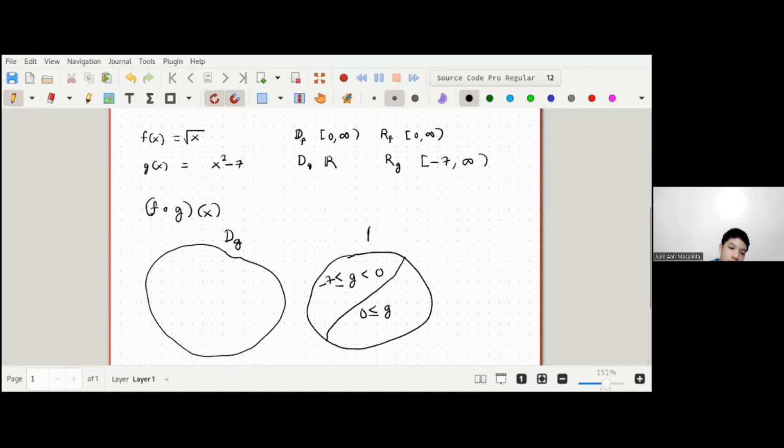So this thing is the range of g. Tapos, ito ngayon yung range of f circle of g. Range of f muna, tingnan natin. Tapos, tingnan natin kung saan minamap. So, let's say we're starting at g.